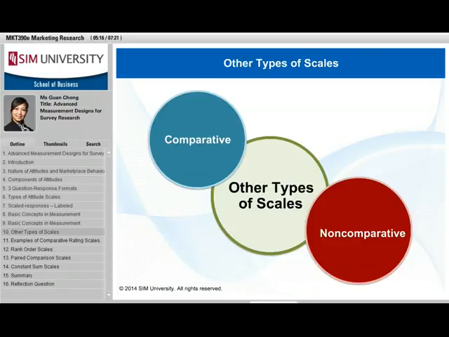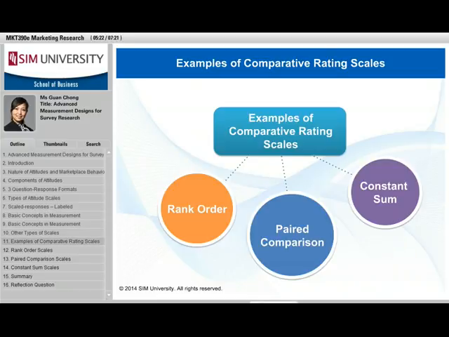Other types of scales include comparative type of scales and non-comparative type of scales. Examples of comparative rating scales include rank order, paired comparison, and constant sum.